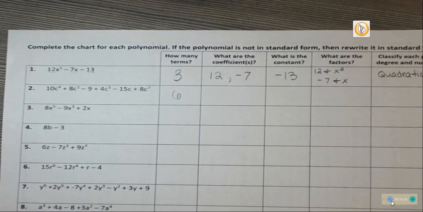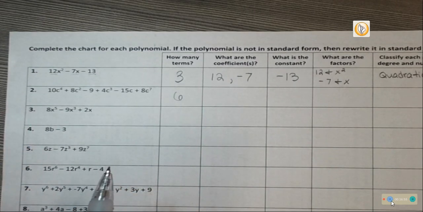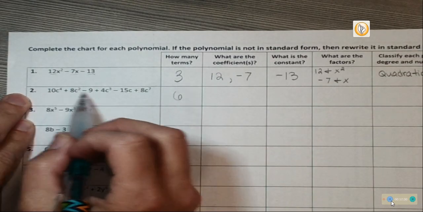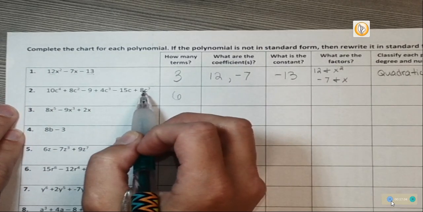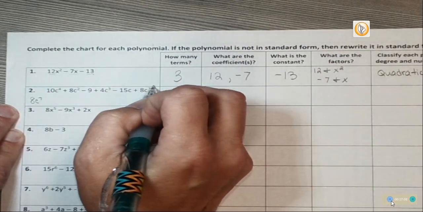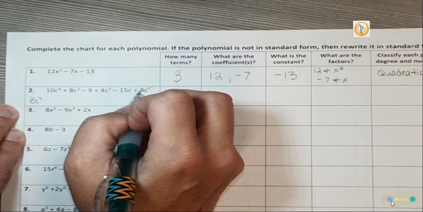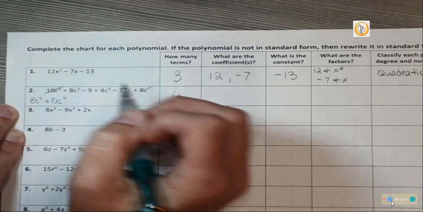Now, I like to put it in standard form. So my highest exponent here is, because technically I would need to make sure that I couldn't add or subtract anything, combine like terms. So my highest exponent is 8c to the 7. And then I would look for a 6, but I don't have it. I don't have a 5. I do have a 4, plus 10c to the 4.